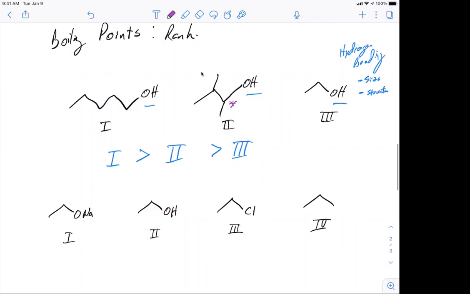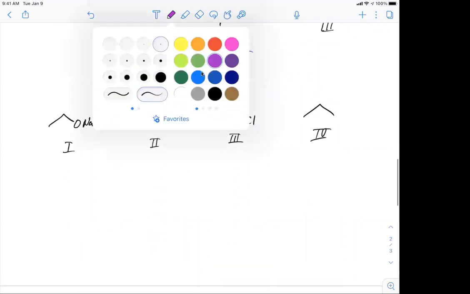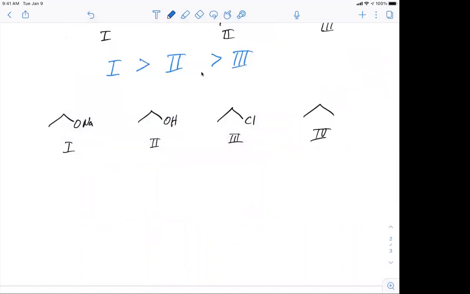On the next one, we're looking at very similar sizes right across the board. But if we look at the type of interactions we have, we've got ionic, because that's going to be negative and that's going to be positive. We've got hydrogen bonding. We've got dipole.